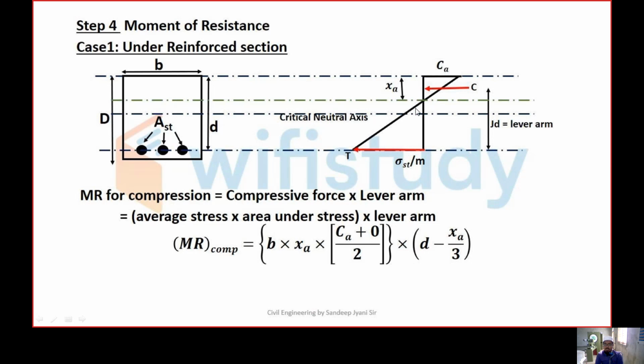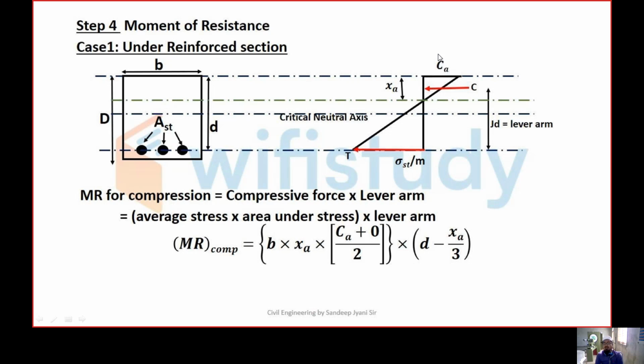So here the stress diagram became like this. It is divided into two triangles, one a small triangle and the other a bigger triangle. In the smaller triangle, at the center of gravity there is an average compressive force existing here.